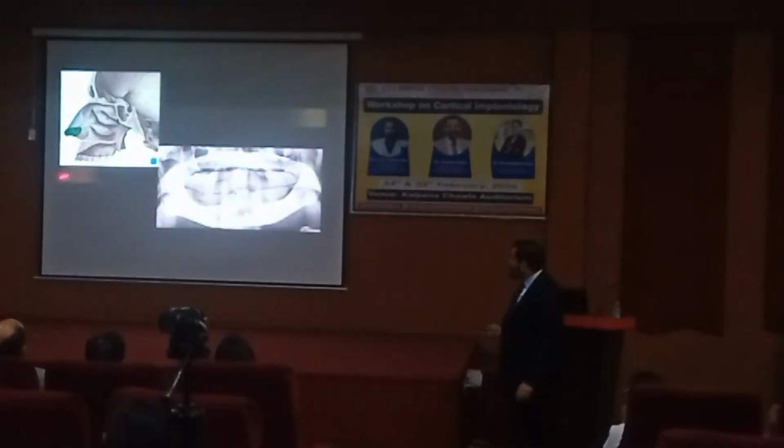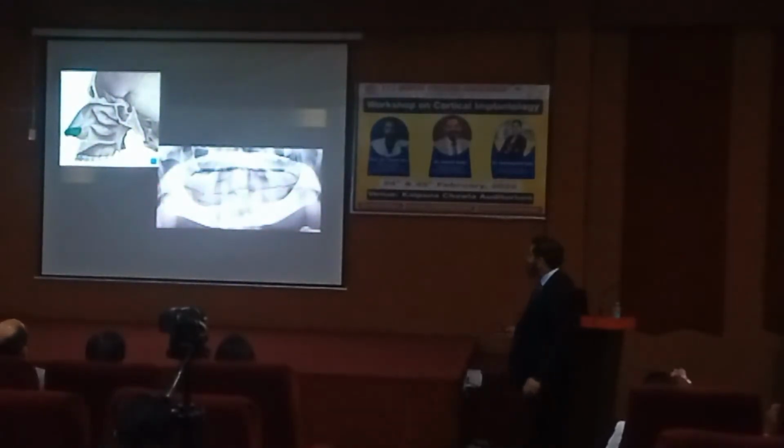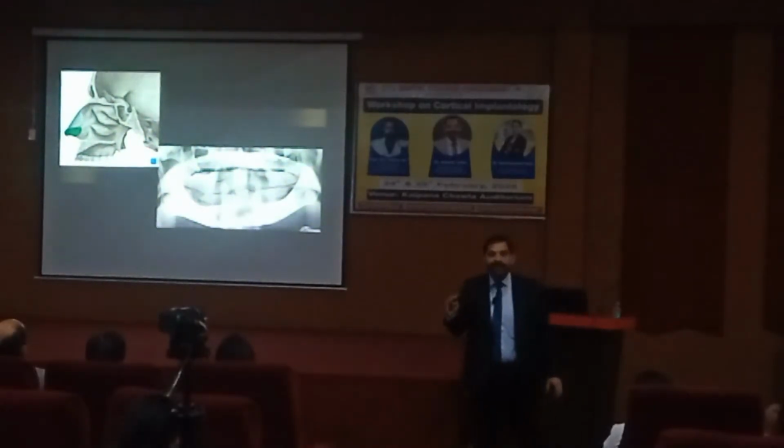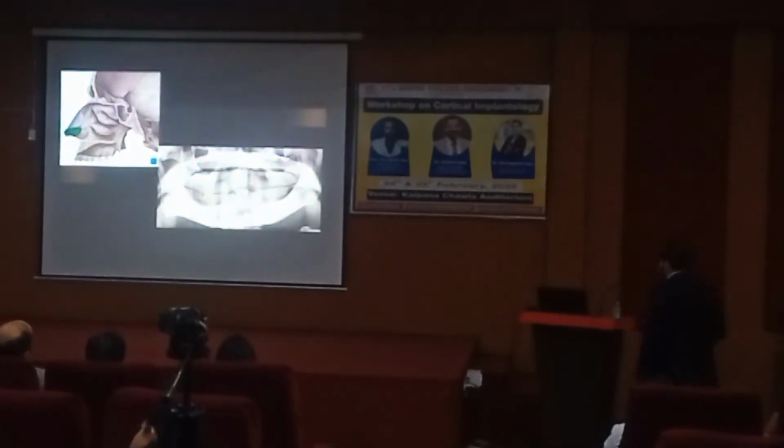The more implants you have engaged into the cortical bone, the more success you have, and the more implants you have placed into the alveolar bone, the more it is going to fail. That's the basic difference. Anteriorly we have more nasal floor area, or more cortical bone. Posteriorly we have thin cortical bone. As we move further back, the nasal floor gets slowly thinner.